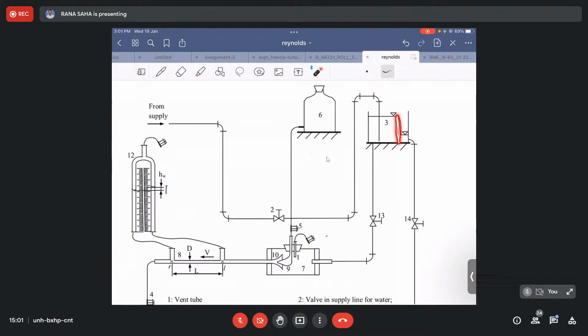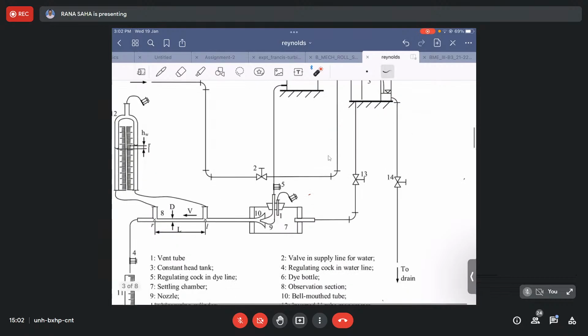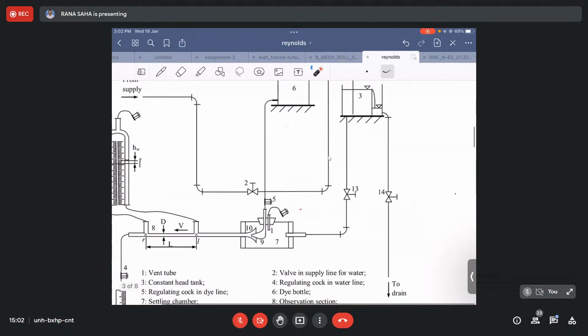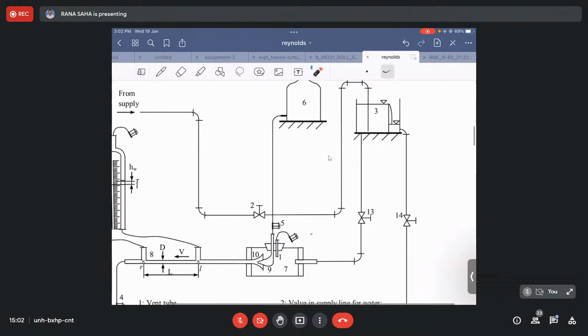So this part of the tank is being filled, and once this height is achieved by the water, the excess water comes to the second chamber, that is this chamber. This chamber is connected with an outlet, which goes to drain through another valve, 14, you can see. So this actually goes to drain. The reason for having this particular type of tank is to maintain the head available for the flow of water constant.